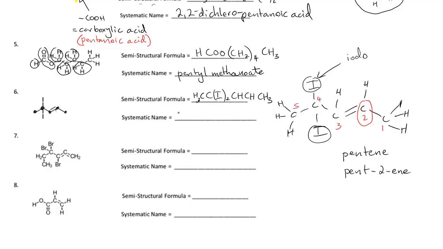So we've got 4, 4. Now we'll write iodo, and in front of that we have to write diiodo pent-2-ene. So this is the name of our molecule.